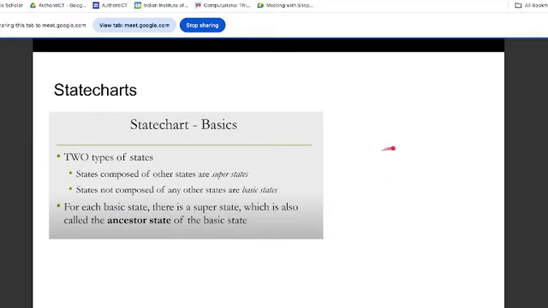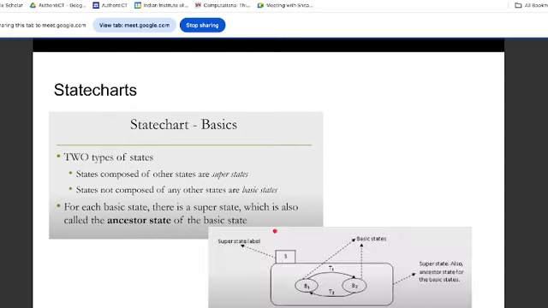A basic state will be represented by a single state or two different states, and the super state will encompass those states. For each basic state there is a super state, which is also called the ancestor state of the basic state.